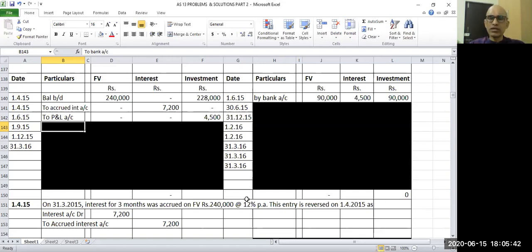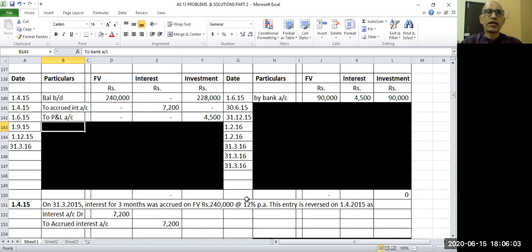Now on this date, 30th June 2015, whatever bonds you are holding, you will get the interest for a period of 6 months, that is January 2015 to 30th of June 2015. Now the question is, what is the quantum of bonds you are holding, or what is the face value of bonds you are holding?